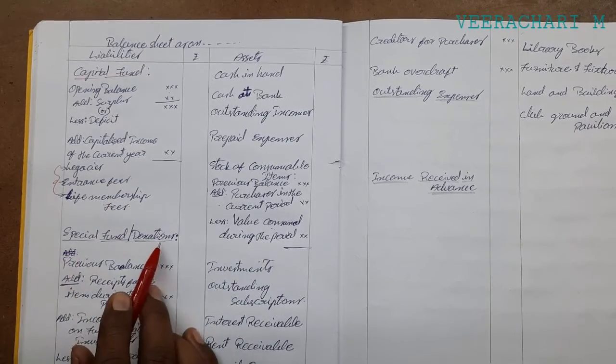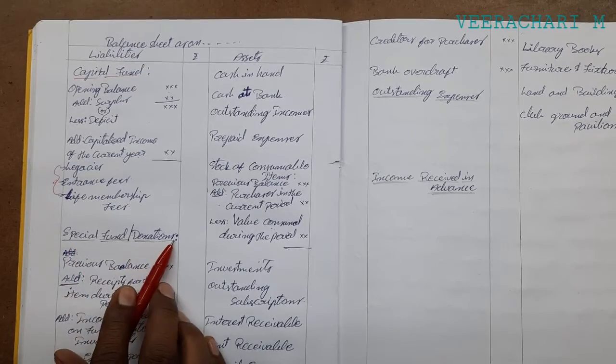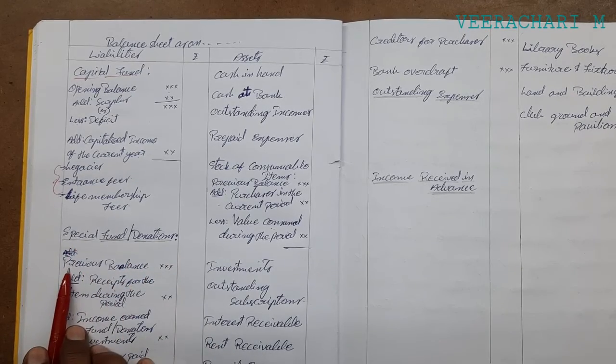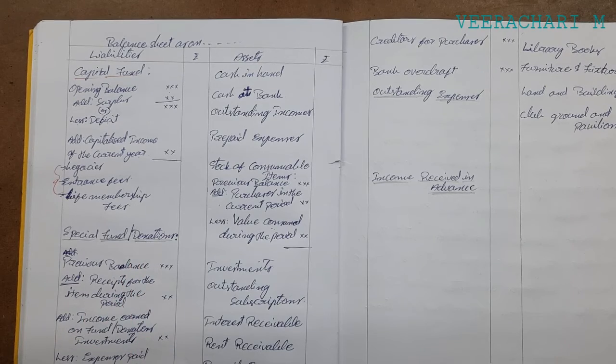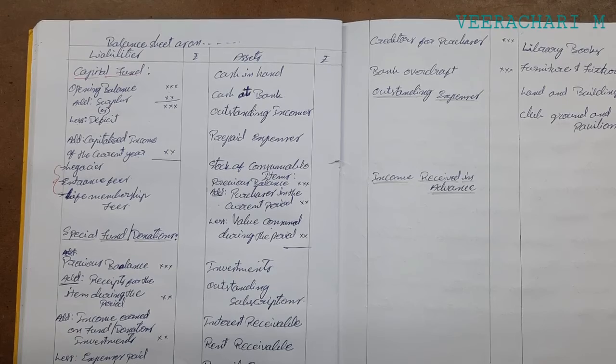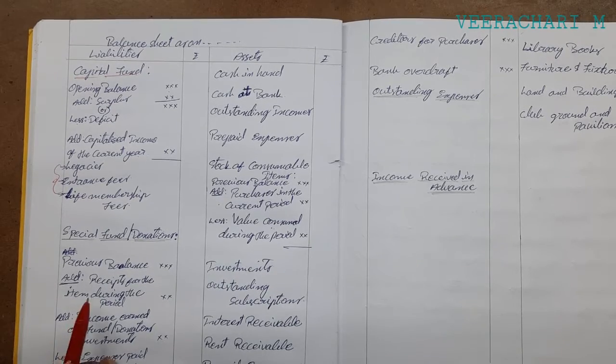Next, specific fund or donations. Specific funds means, as we just discussed, the amount received for the cricket kit. That is a specific donation.